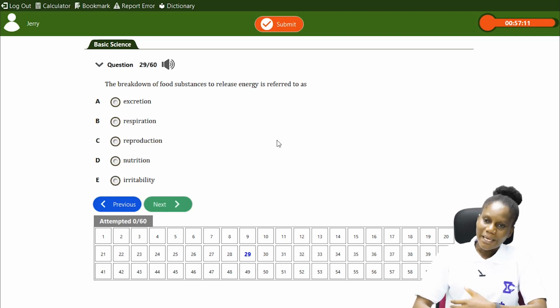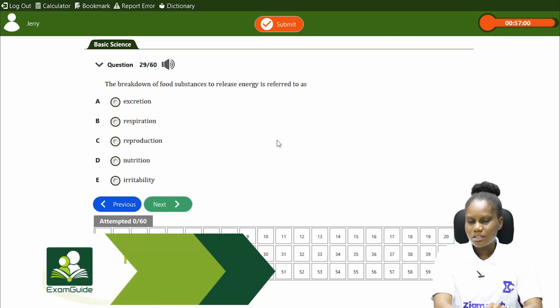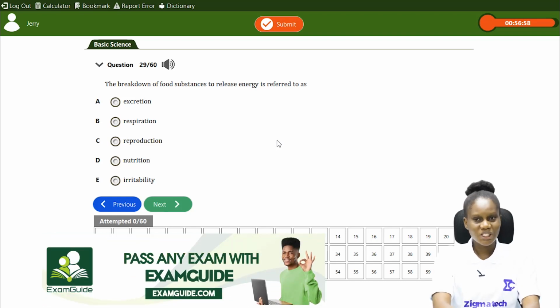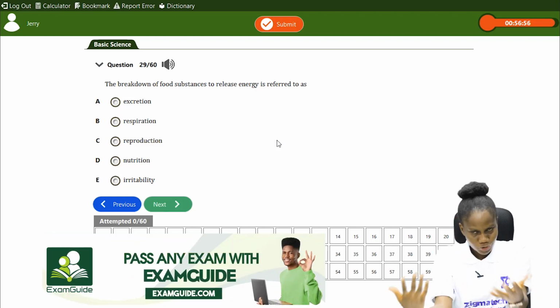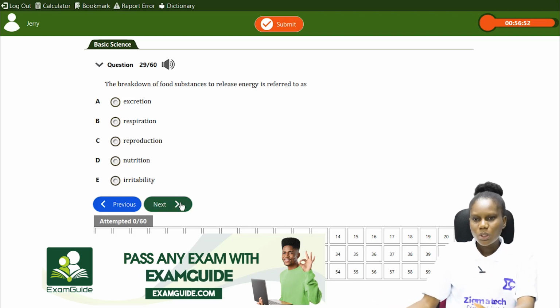Yes, because when you take in oxygen, as human or animal, it helps to break down your food substance in order to release energy. So respiration is the right answer. It's not reproduction; reproduction is giving birth to young ones. It's not nutrition; nutrition is eating. Irritability is not; it is response to stimuli.